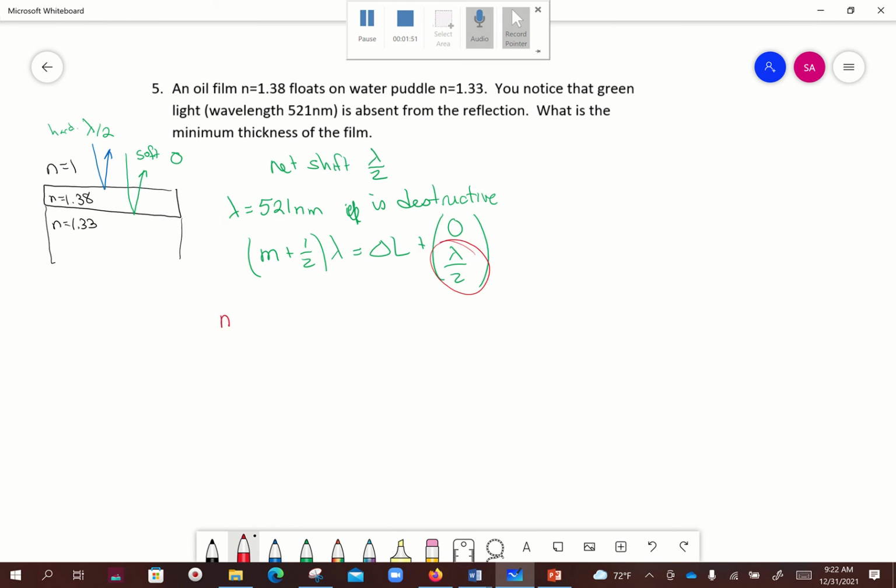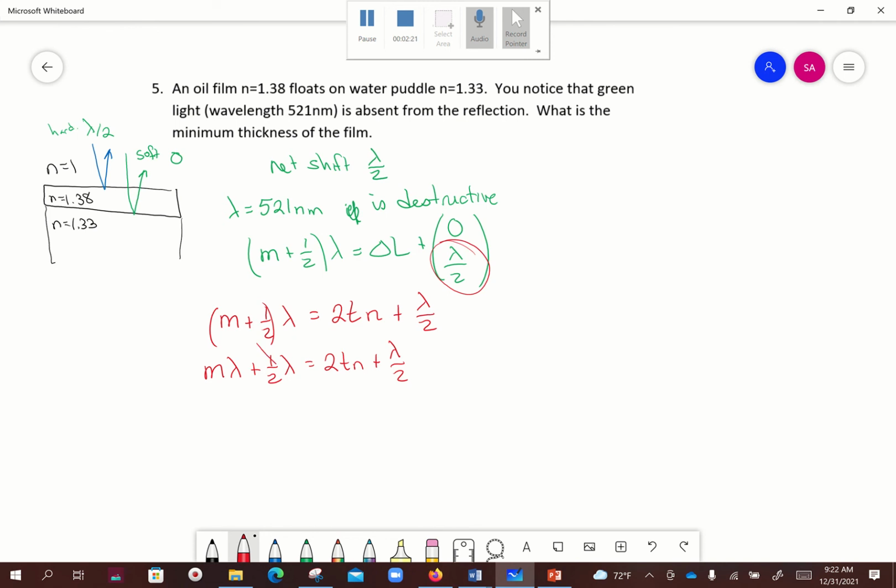So our condition is going to be (m plus 1/2) lambda is equal to delta L, which is 2Tn, plus lambda over 2. All right, so let me distribute this on this side. So I've got m lambda plus 1/2 lambda is equal to 2Tn plus 1/2 lambda.